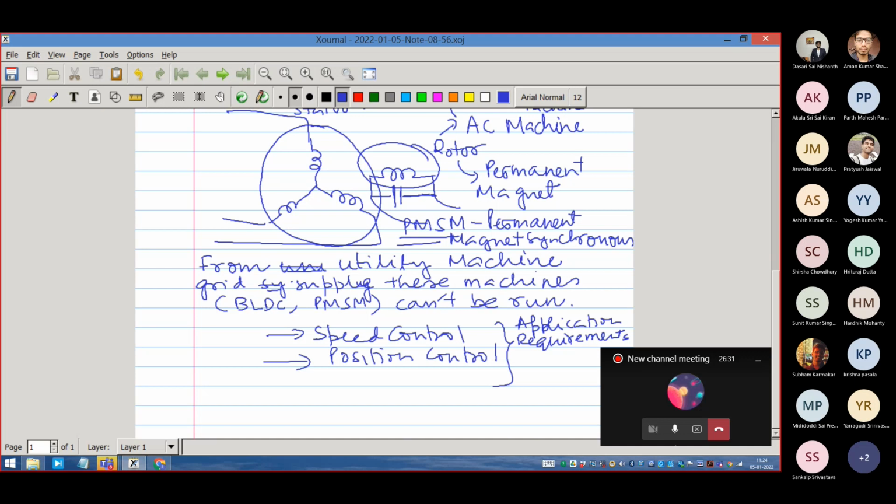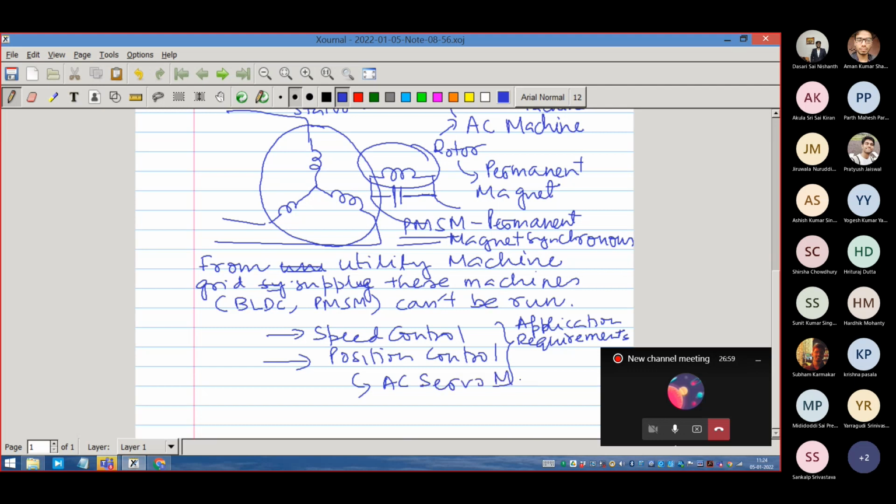Position control, you already know, the missile, etc., different kinds of guidance systems, radar, where you want to move something, an antenna, focusing from one direction to another direction. There are various kinds of position control, and sophisticated applications are there. In such sophisticated position control applications, we require something which we define as an AC servo machine.